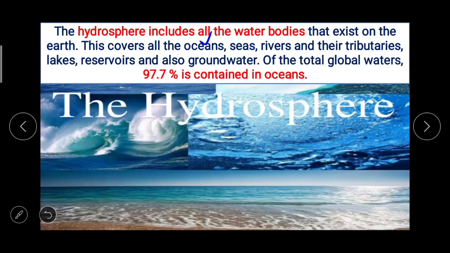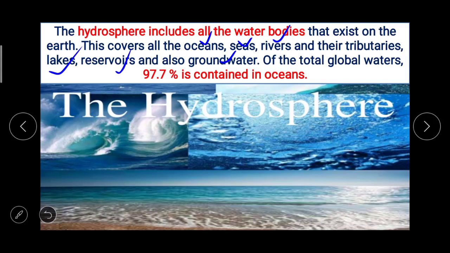This covers all the oceans, seas, rivers and their tributaries, lakes, reservoirs and also ground water. Now here one thing to understand, the hydrosphere, which means all the water bodies, चाहे वो जमीन पे क्यों ना पानी हो या फिर जमीन के अंदर, that is what is ground water. Ground water और जमीन पे, लैंड पे जितनी भी वाटर बॉडीज है उन सब को मिला के हाइड्रोस्फीयर बनता है.